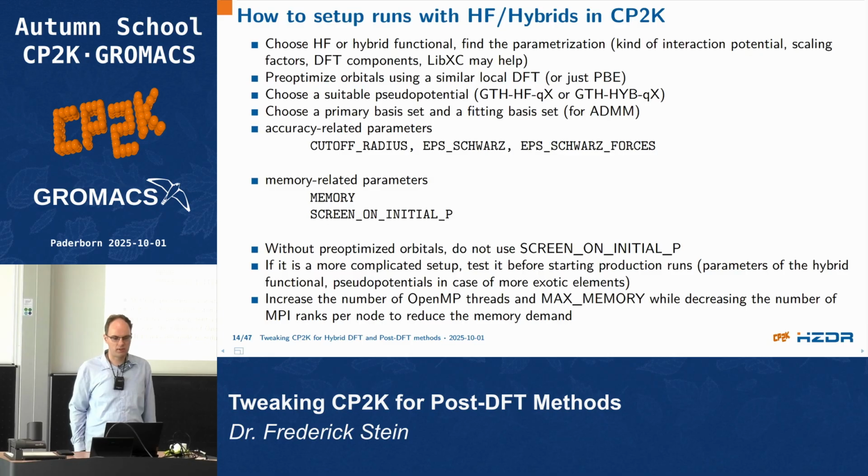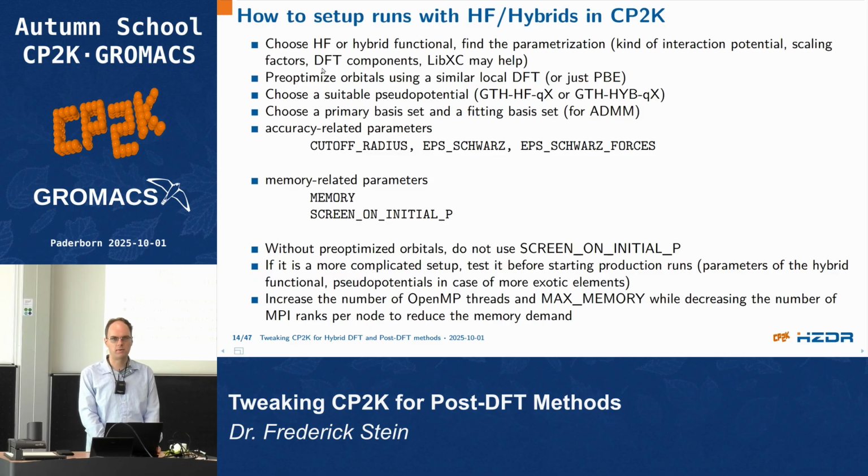Maybe a few more words on how to set up Hartree-Fock or hybrid calculations in CP2K. Of course, first choose your method of choice, and you have to figure out the parametrization yourself. CP2K will not look that up for you and also will not set up the respective sections for you. This includes, of course, the kind of interaction potential that you need, the scaling factors, the different DFT components.